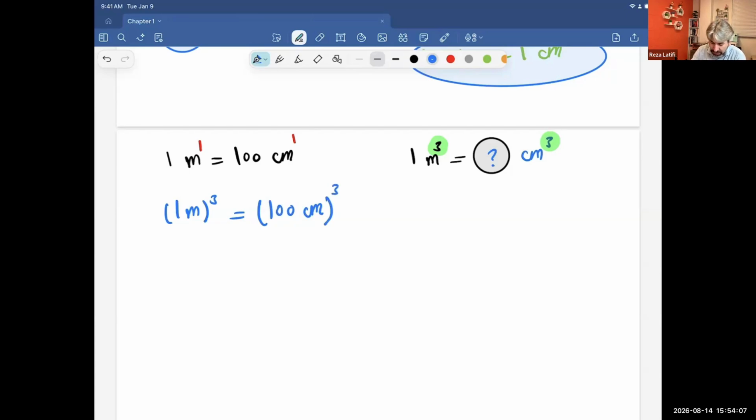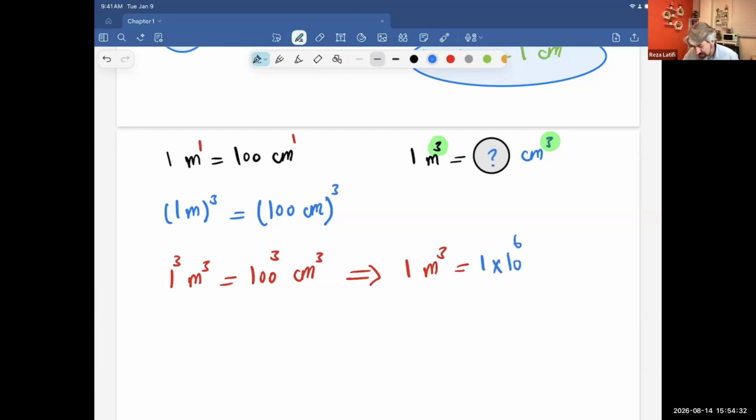When you apply the exponent, you say 1 to the third, meter to the third, both value and unit, not just the value, equal to 100 to the third and centimeter to the third. That gives us 1 cubic meter equal to 100 to the third, which is 1 million, or 1 multiplied by 10 to the power of 6, and the unit will be cubic centimeter. That way, you can generate any unit that you're looking for.